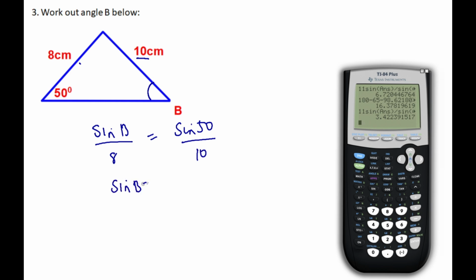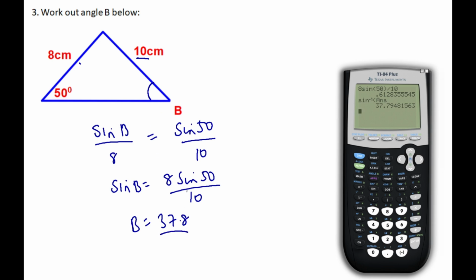So then we work out sine of B is 8 sine 50 divided by 10. And then we can work out what B is on the calculator. So shift sine. Right, so B is 37.8 basically.